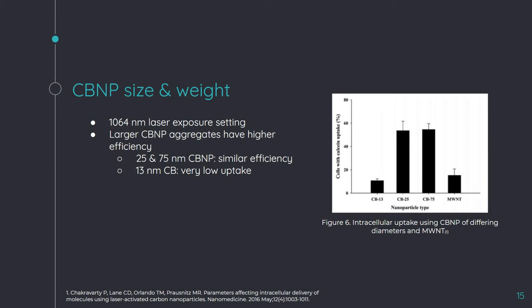A linear relationship wasn't observed, however, there was a clear size relation with intracellular uptake. The 25 and 75 nanometer carbon black nanoparticles had similar, larger efficiency than the smaller 13 nanometer carbon black nanoparticles, as can be observed in the graphical representation to the right.